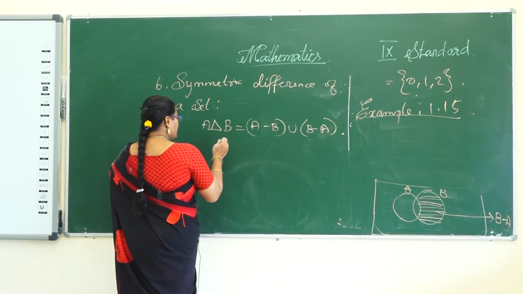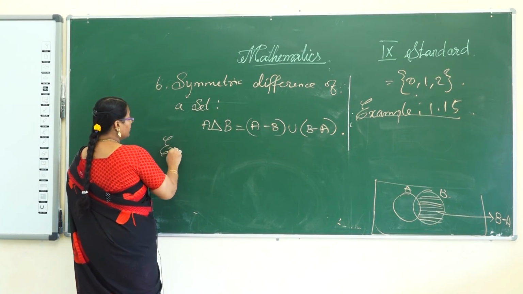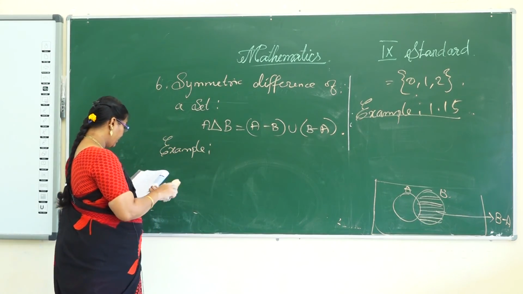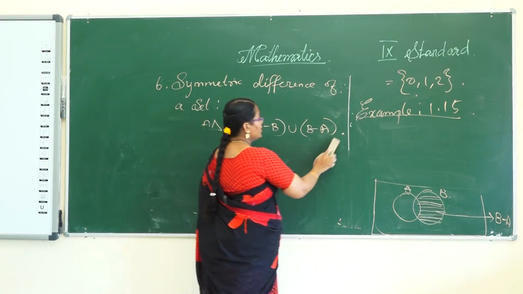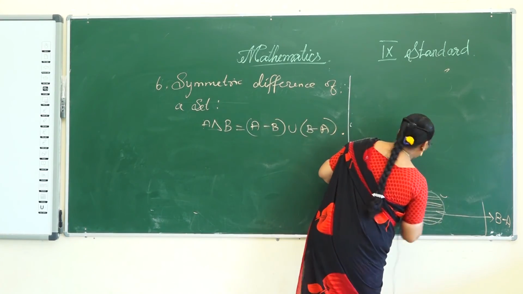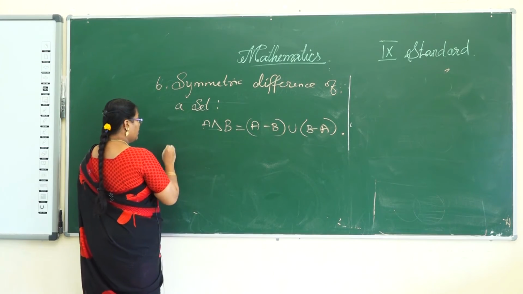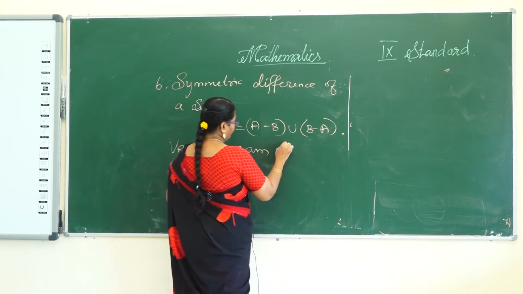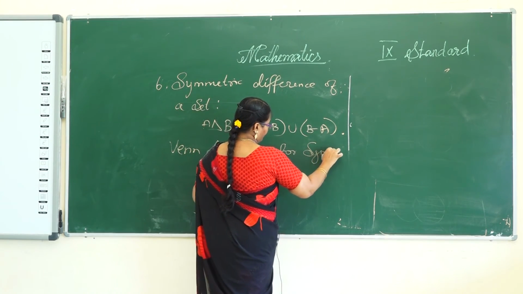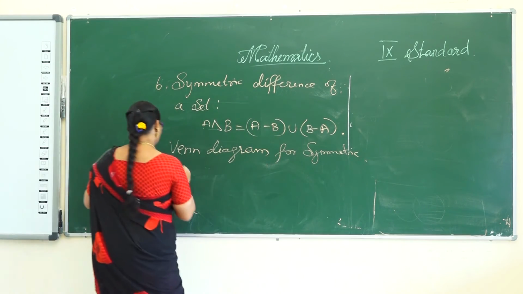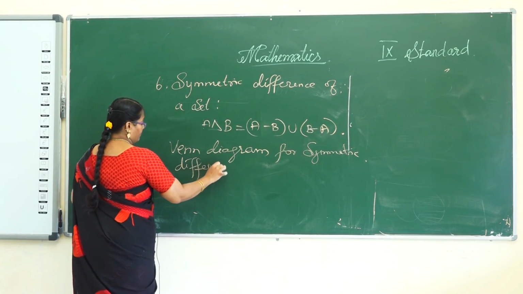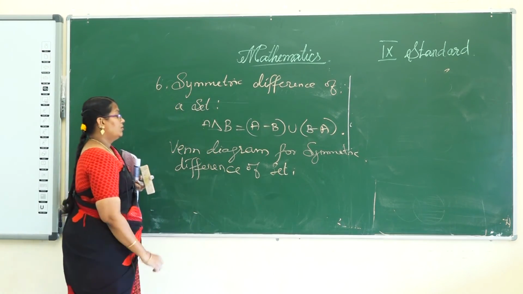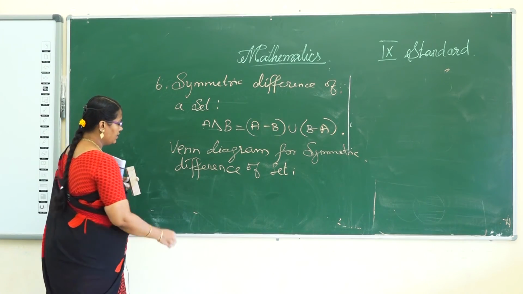Okay. Now see the Venn diagram for the symmetric difference of a set.